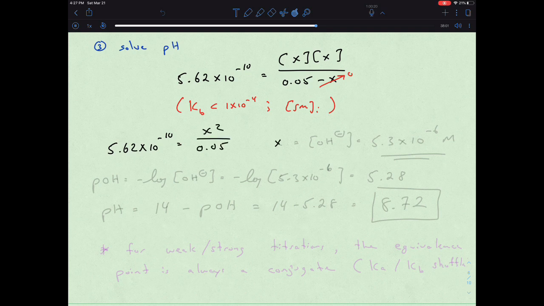And so we can solve for X, which is hydroxide, to be equal to 5.3 times 10 to the negative 6 molar. So now that allows us to get at pOH.